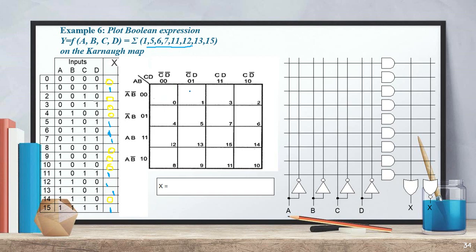From the Boolean expression we can see that the given terms are 1 and 5, 6, 7, and then 11, 12, 13 and 15. If given like this, fill the other portion with zeros.